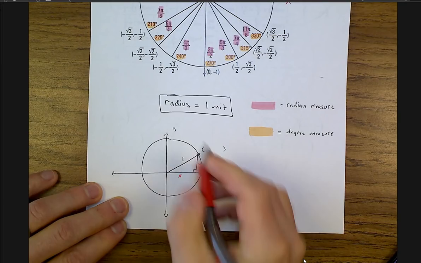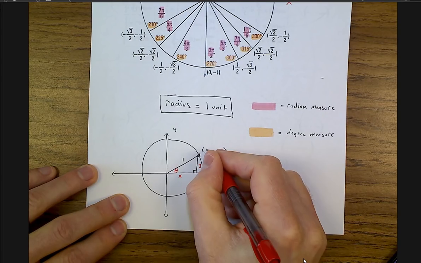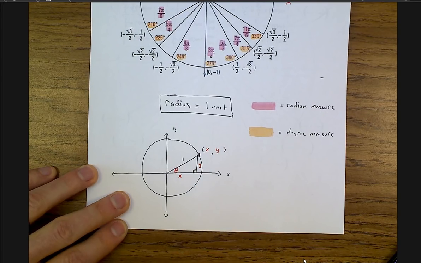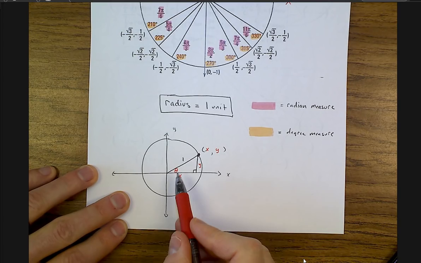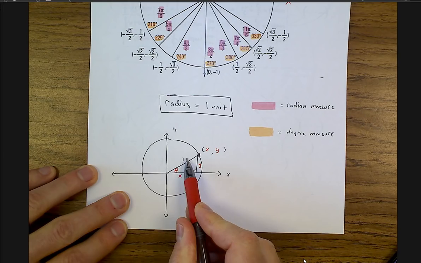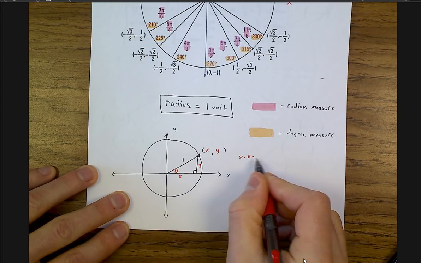So if this is theta, that angle theta, we know that this point is going to be x comma y. Now the other way to think about this, and we've already talked about this, is if I go opposite over hypotenuse, that is your sine. Sine of theta equals opposite y over hypotenuse 1.